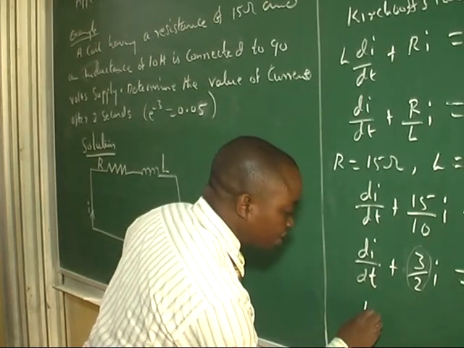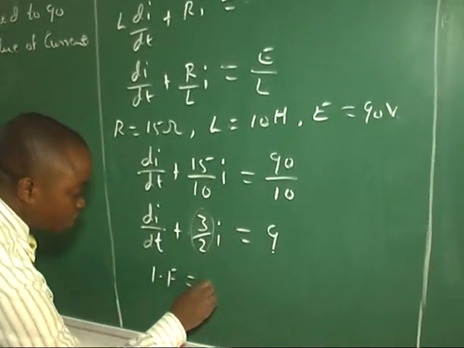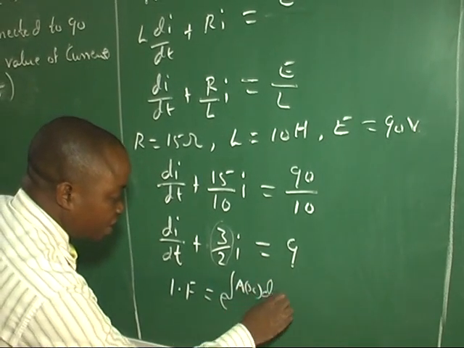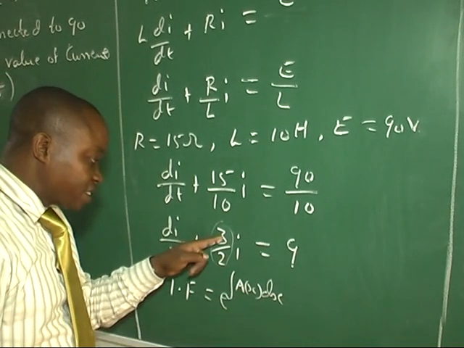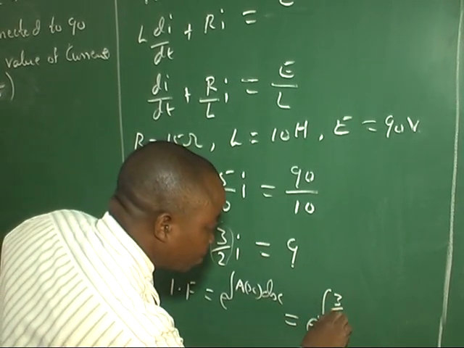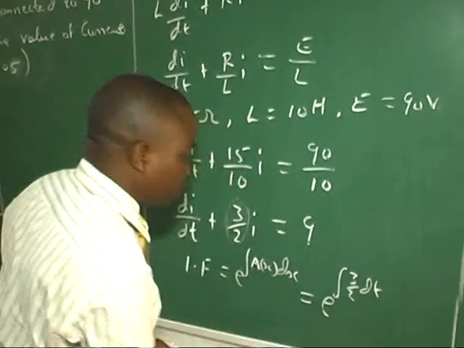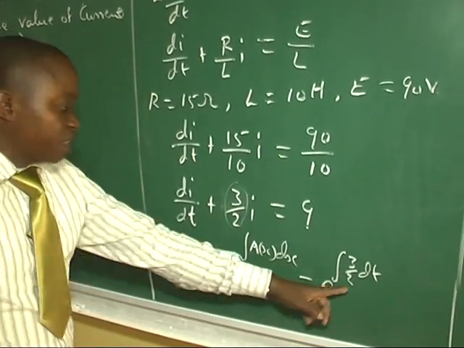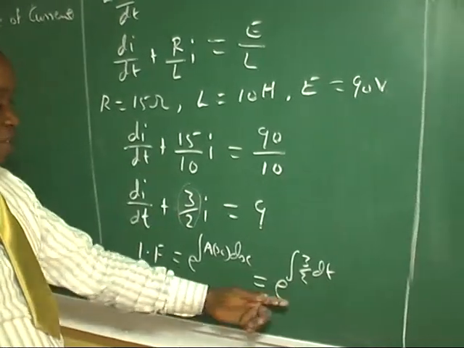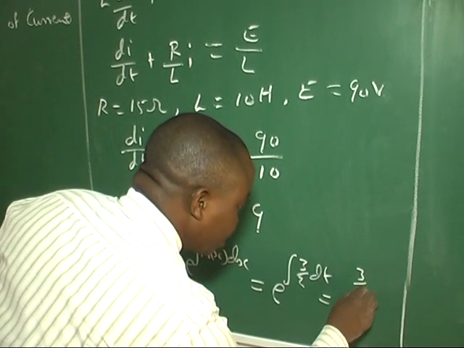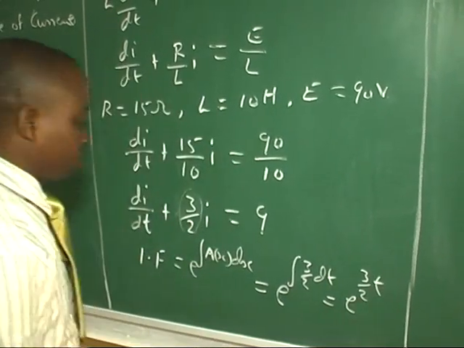We know that the integrating factor will be equal to exponential of the integral of a(x) dx, and in this case our a(x) is 3 over 2, so this gives us exponential of the integral of 3 over 2 dt, because we are doing it in terms of t. Of course, this will give us exponential 3 over 2 t.